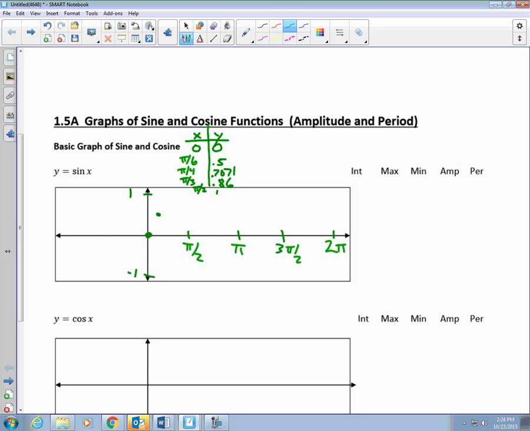Where is pi over 4 going to fit between 0 and pi over 2? It's going to be halfway, yep. And I get 0.707, so about like that. Pi over 3 is going to be even closer, isn't it? So that's going to be right here. And then pi over 2, 1.